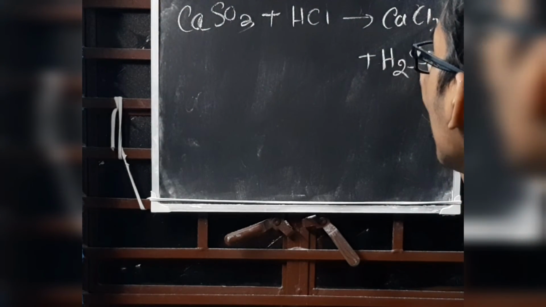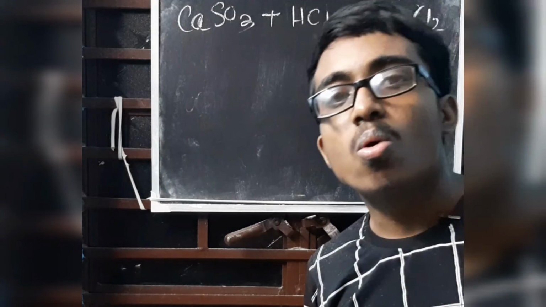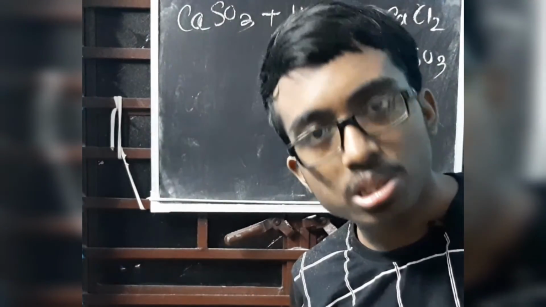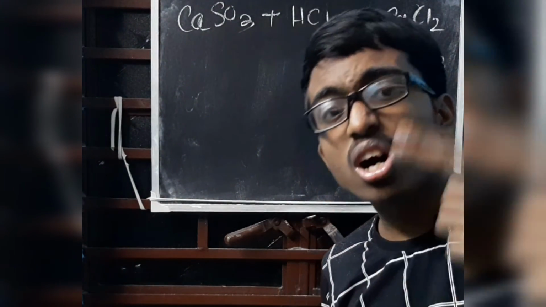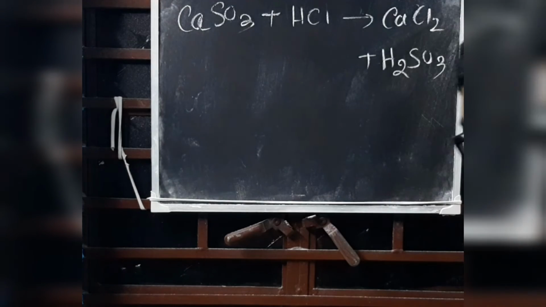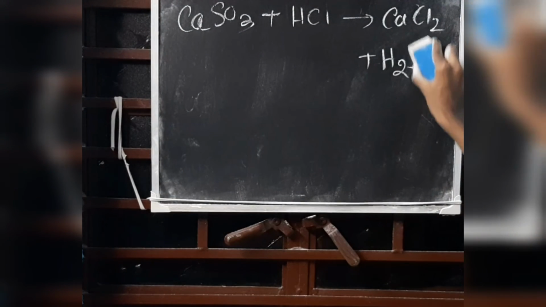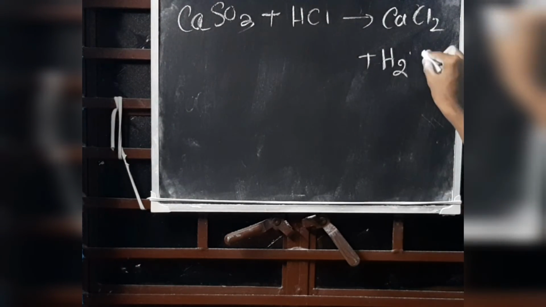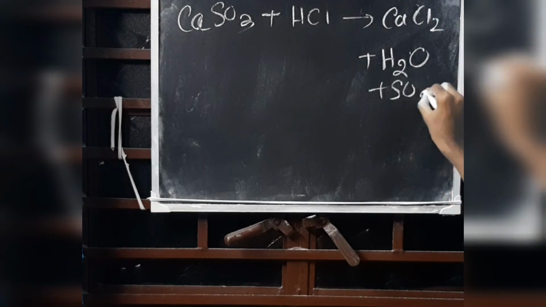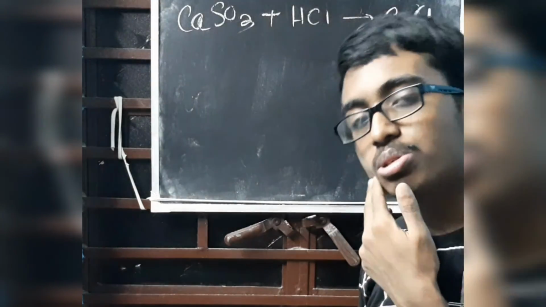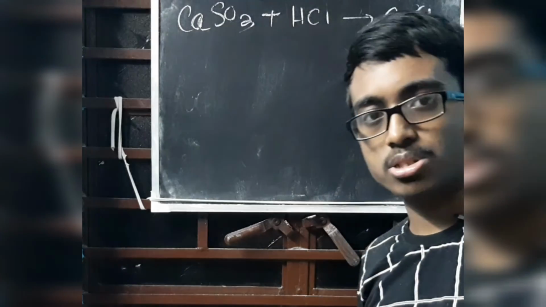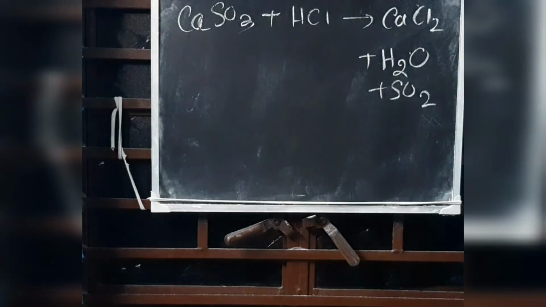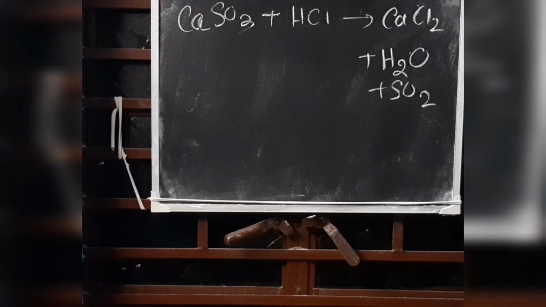H2SO3. How is H2SO3 formed? It will not stay in H2SO3 form. It will go to H2O plus SO2. This is how you have to remember. It's not possible for you to remember everything, so in this case you have to remember it like this.